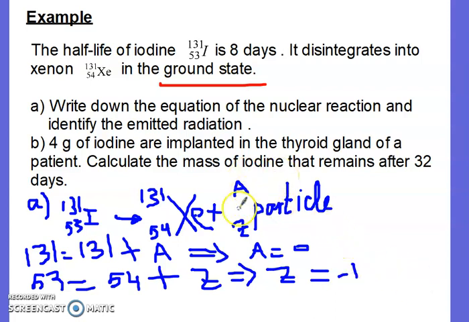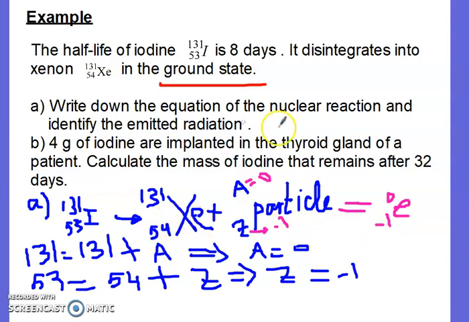So this particle has A equal to 0 and Z equal to -1. In your opinion, what is this particle? Z -1 means the charge is negative and the mass is 0. Surely it's what? Yes, as you said, it is an electron, e -1, 0. So we have identified this particle.